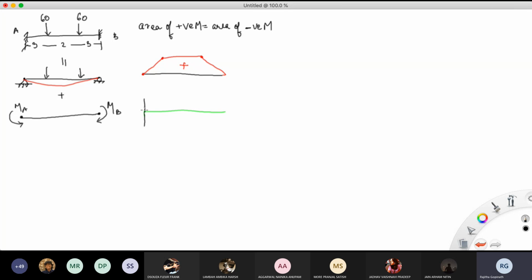Okay, I should have drawn this 0 line के नीचे draw कर रही हूँ. Okay, so this is negative moment. Now if I put this on top of this, then I will have, I'm just simply putting this on top of this.